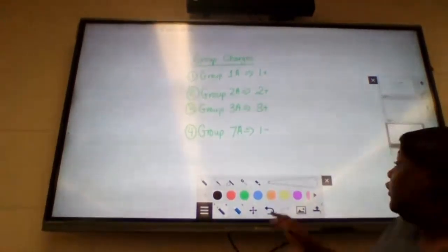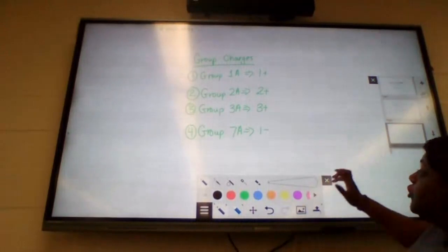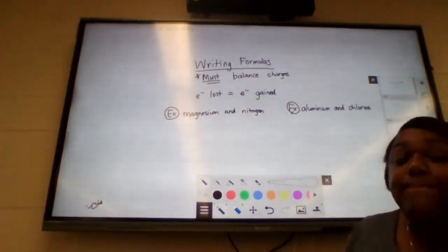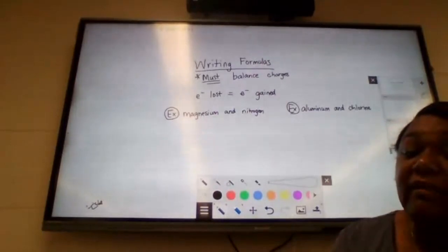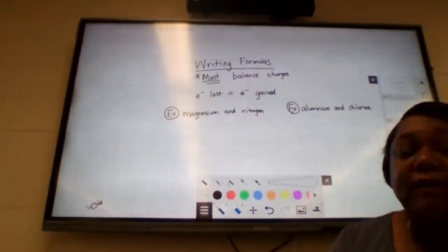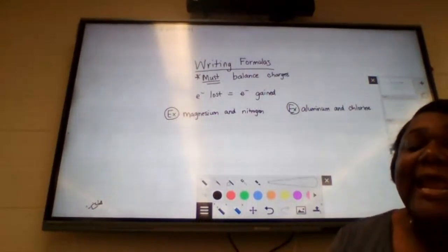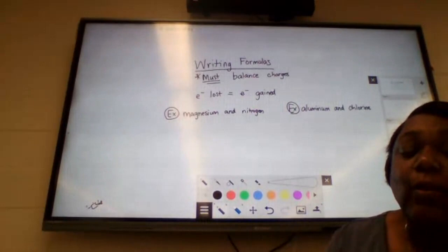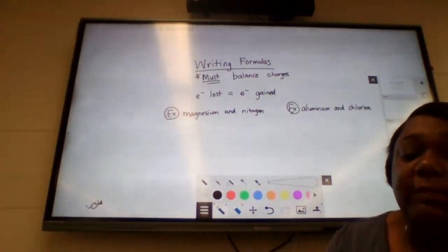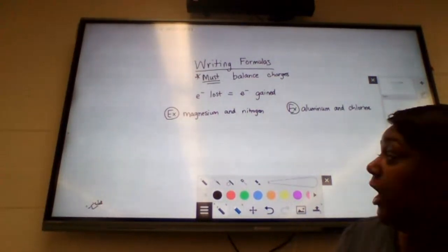And so the subscripts will tell you how many you need. But the biggest thing that you've got to remember when you're dealing with ionic compounds is that you have to balance the charges. Whatever positive charge you had, it has to balance out with the negative charge. And we balance those charges by adding subscripts.